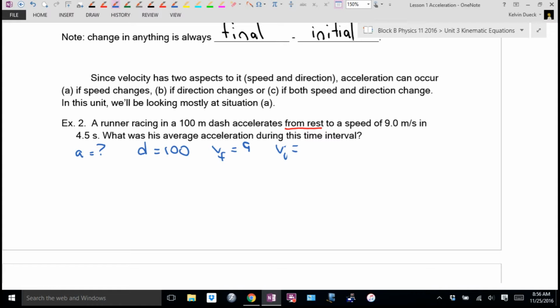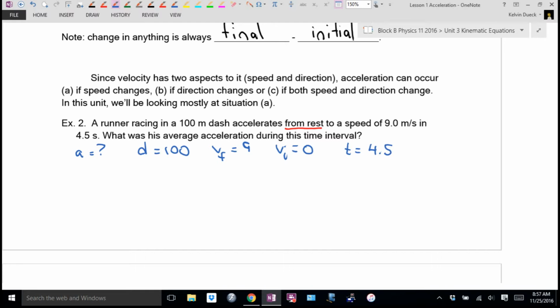Jenna, okay, from rest, 0, and that's going to be very important. In fact, I have a habit whenever I see the phrase rest or stopped or from rest or at rest in a question, I'll underline it because it gives me a 0 somewhere. What's that 4.5? Well, that's actually the change in time because your stopwatch would start at 0. And that's why I said we get lazy, we stop writing the delta.